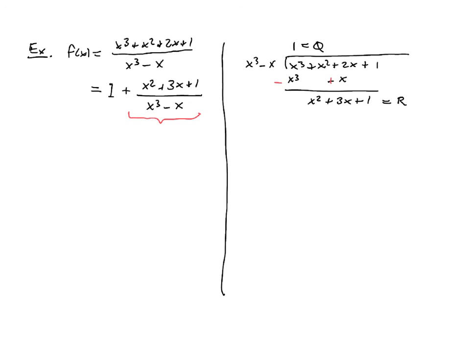over here. So I'm going to consider separately the function x squared plus 3x plus 1 over x cubed minus x. Now that denominator factors nicely as x times x squared minus 1, so that's x times x minus 1 times x plus 1.